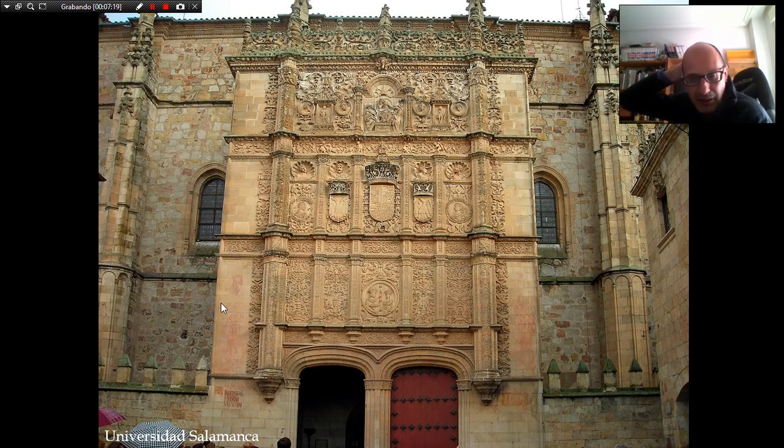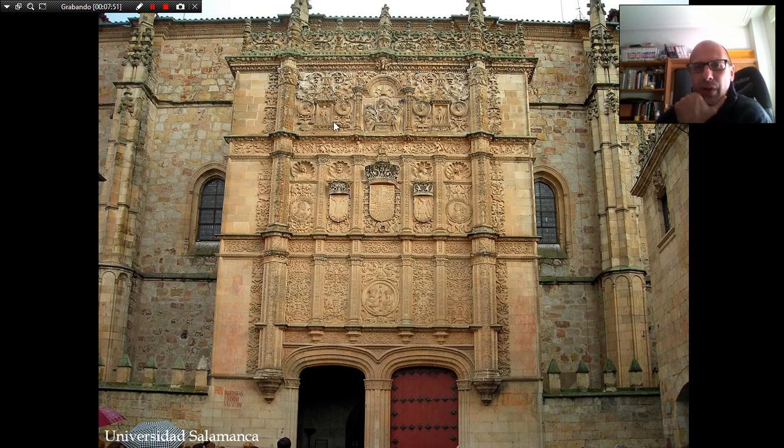in their buildings. In this facade, the facade of the University of Salamanca, we have different stories. We are going to talk about different stories. But look at this structure. We have 1, 2, 3 different bodies, and the first two are divided in 5, we can say, streets, like this, decorated with vegetation and different symbols, shields, and other things that we will talk about right now.